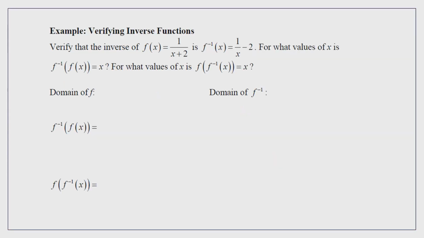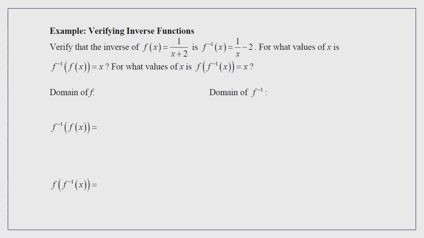So verify that the inverse of f of x equals 1 over x plus 2 is the inverse function of f equals 1 over x minus 2. For what values of x is the inverse function of f of f of x equal to x? And for what values of x is f of the inverse function of f of x equal to x? So let's first find the domain of f and the domain of the inverse function of f.